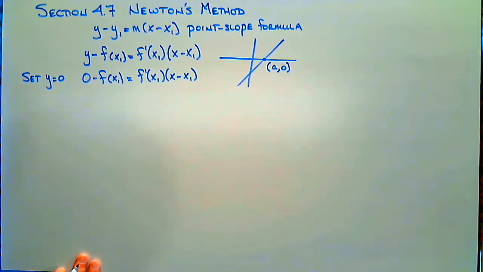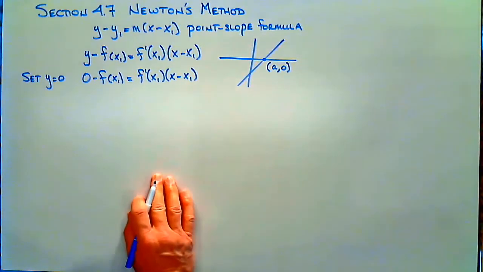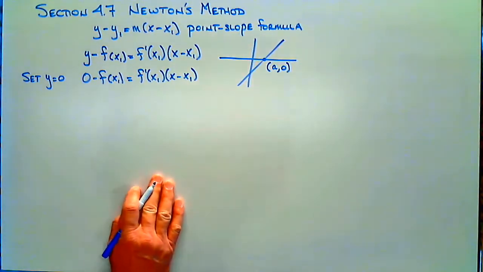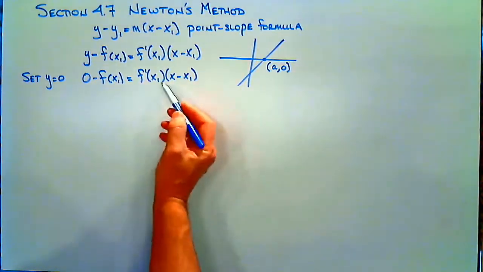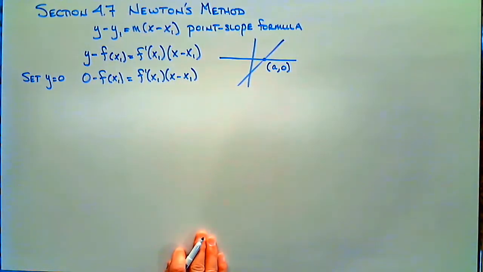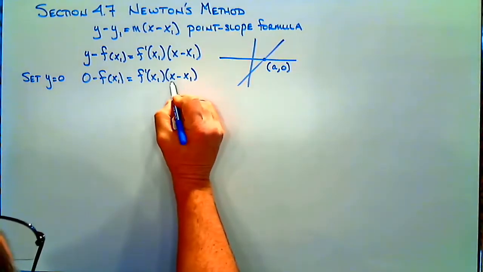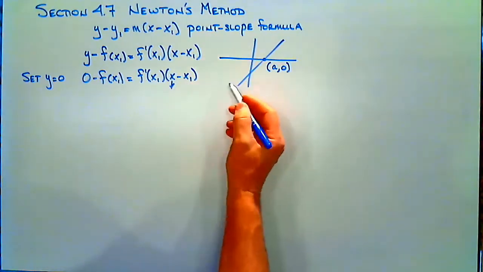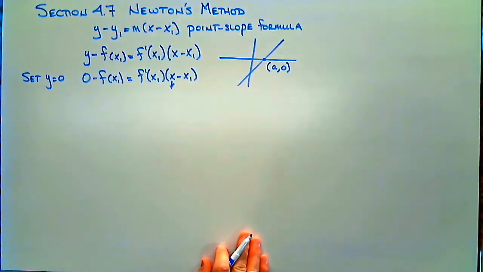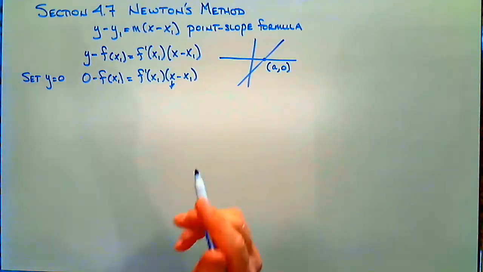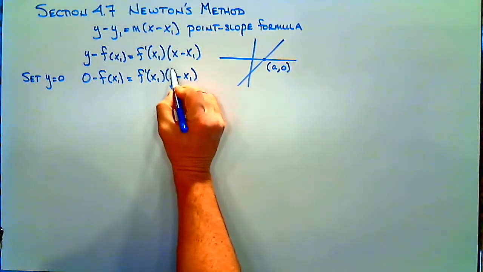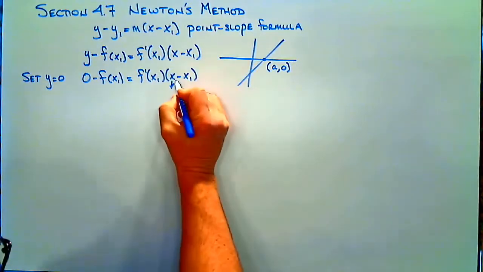Now, if we take a look at this equation, this point right here, this is our x-intercept. Right? That's our x-intercept. So if we change that to, well, in our book, they make it x sub 2.